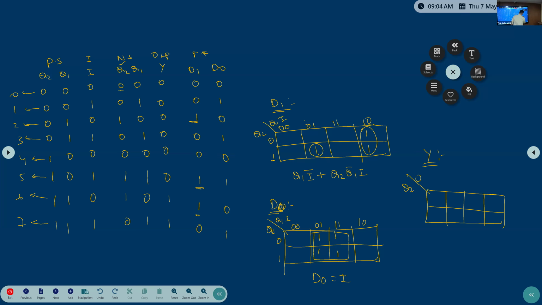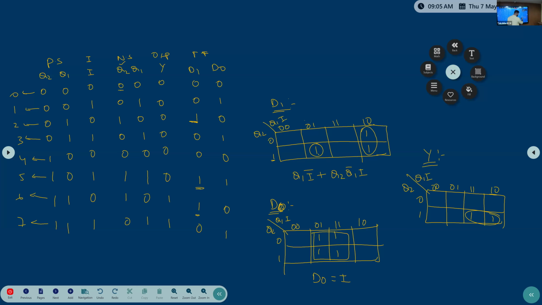Q2, Q1, high. So 0 1, 0 0, 0 1, 1 1, 1 0. When it is high, the 1 1 0 case is high, and the 1 1 1 case is high. 1 1 0 means this one, right? Yes or no? 1 1 1 means this one. These two mapping, what is the common in these two?